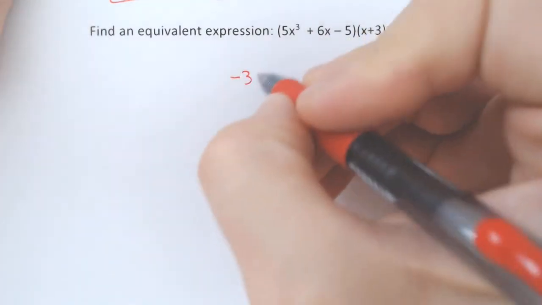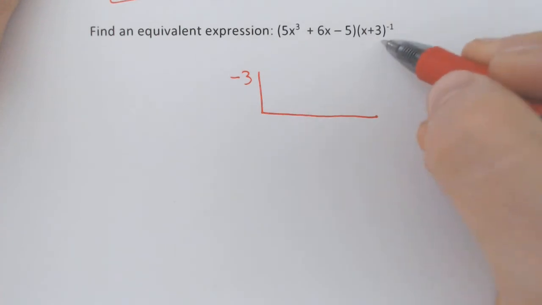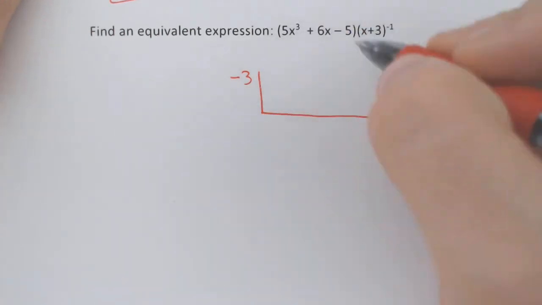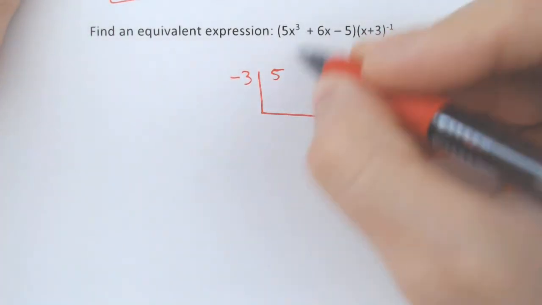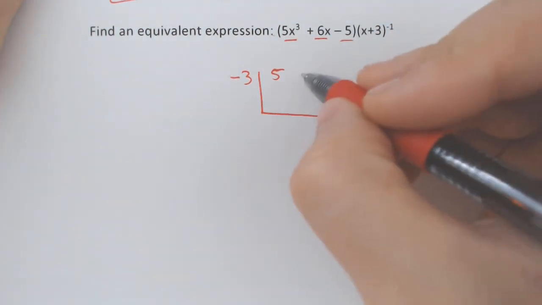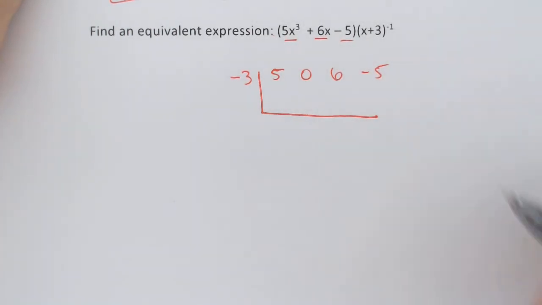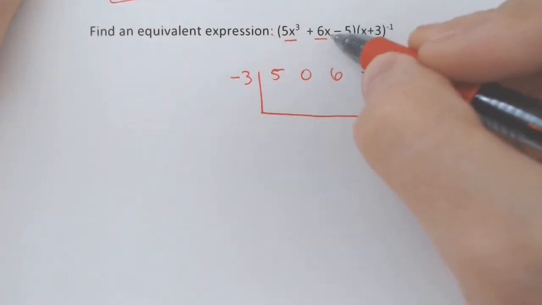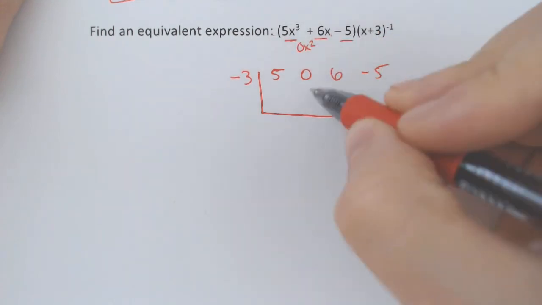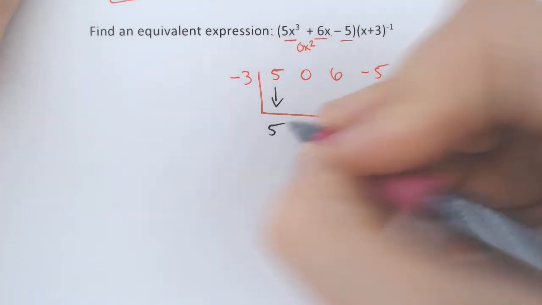And if it's dividing by the basic boring factor, which one of my students calls the BBF, you would change the sign of the 3 to negative 3, and then put these numbers, the 5, the 6, and the 5 here. But if you're missing any terms, you have to put a 0, and we are missing an x squared term. It goes straight from x to the third to x, so you need a 0x squared, so that's why I have a 0 here. You bring down the first number, 5.